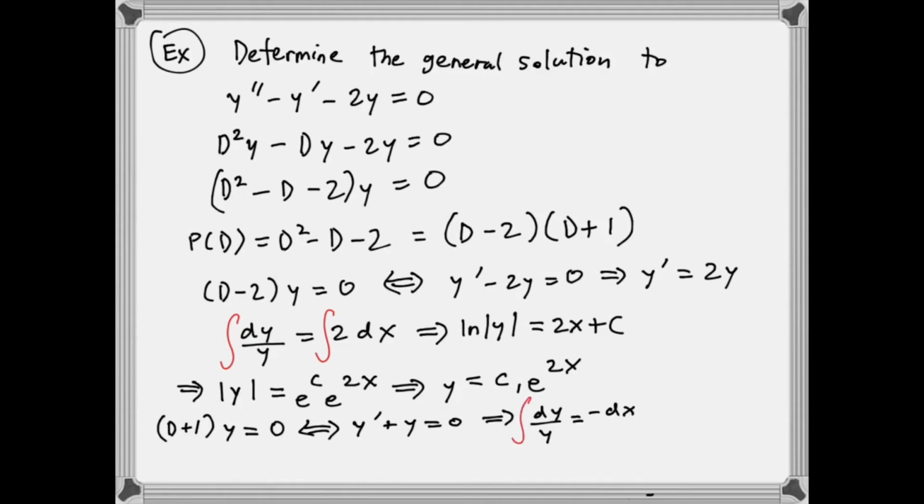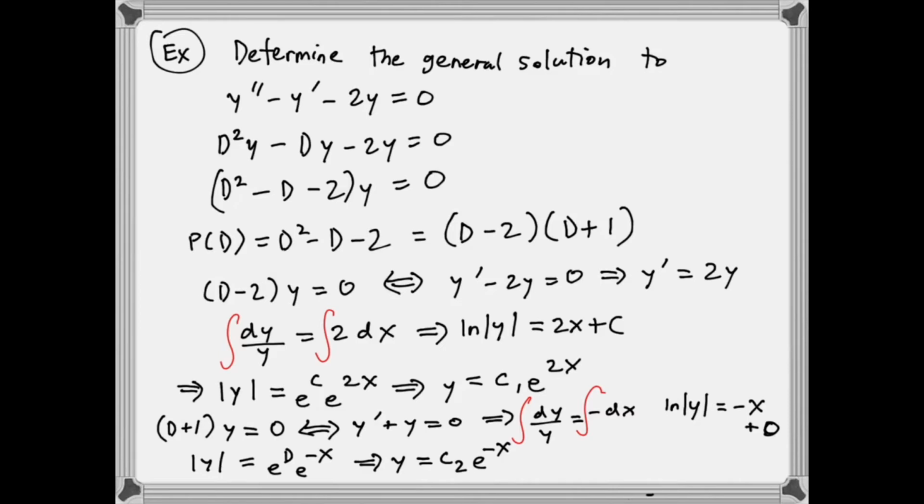And so integrating both sides, we end up with ln|y| = -x + d, or |y| = e^d e^(-x), or y equals, if I write that as c2, c2 e^(-x). What do we notice about these two solutions here?